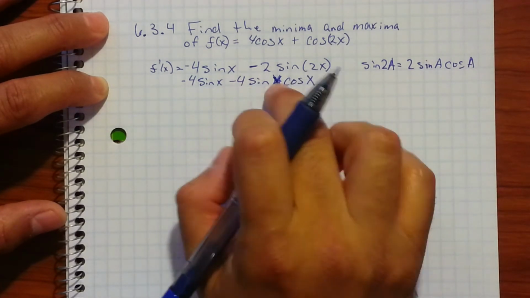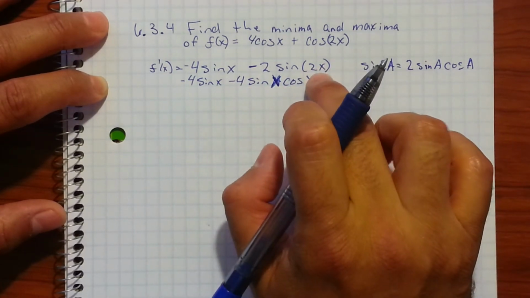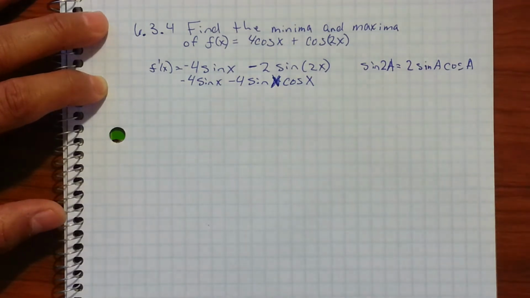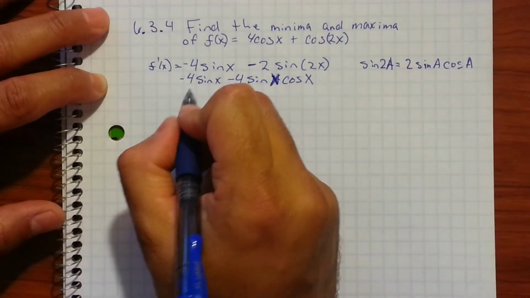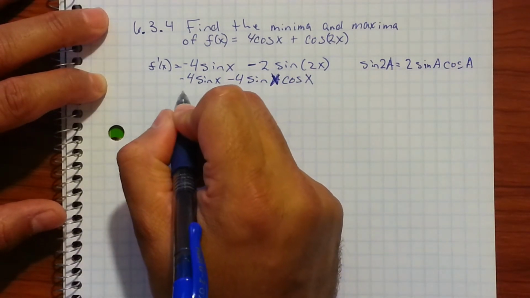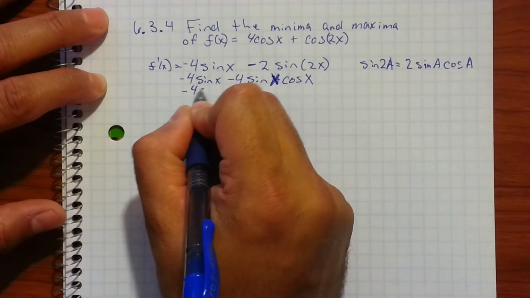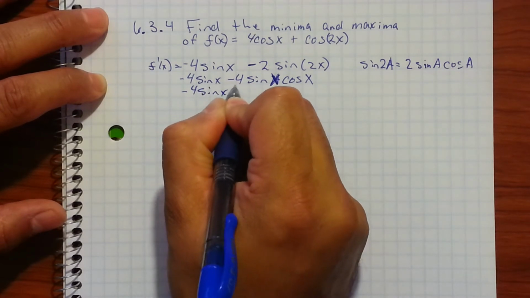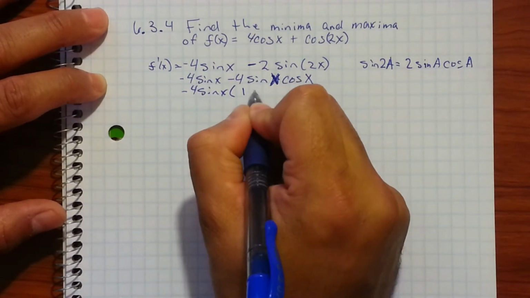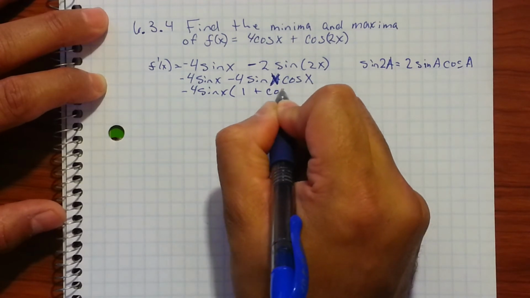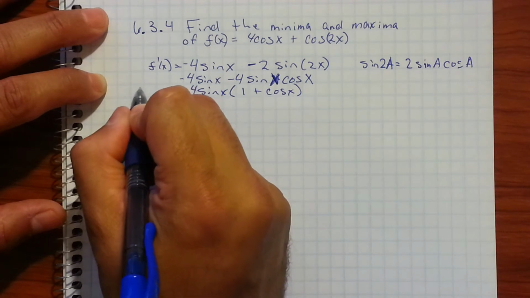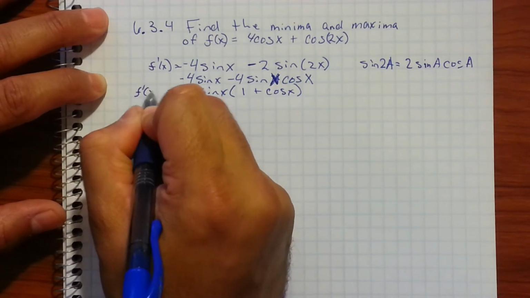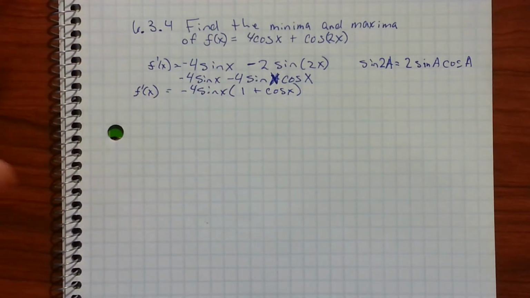Alright, so sine x cosine x, because these are in terms of x, not in terms of a like my identity had. Okay, so now from right there I'm going to do a little bit of factoring. So let's take out a negative 4 sine x, and I'm going to have 1 plus cosine x. And this is all my first derivative. So that's my first derivative there.